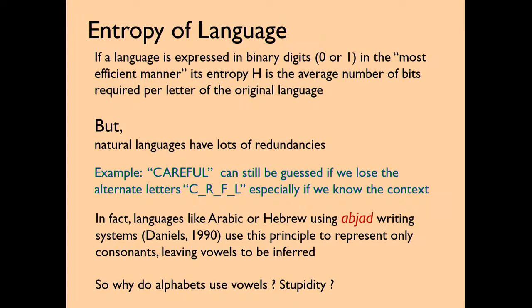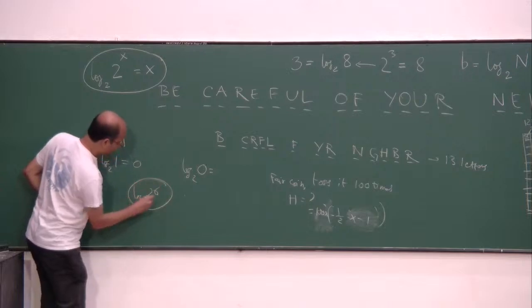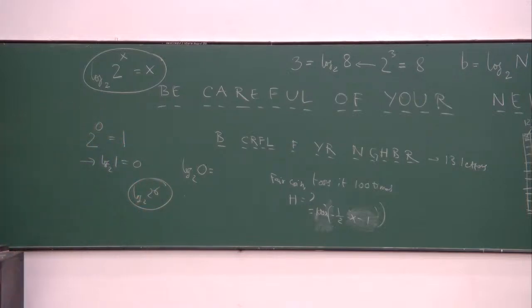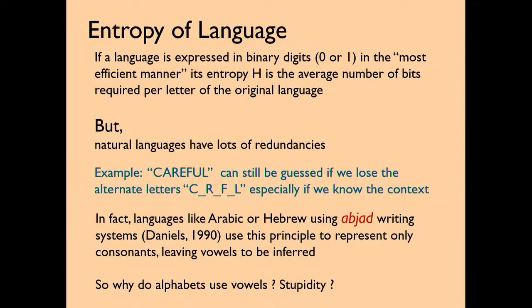So essentially you are doing log 2 26. Okay. So you're basically asking this question, and this is the number of yes/no questions that you require to figure out what is the letter that is occupying there. Okay. But that is if every letter is equally probable.